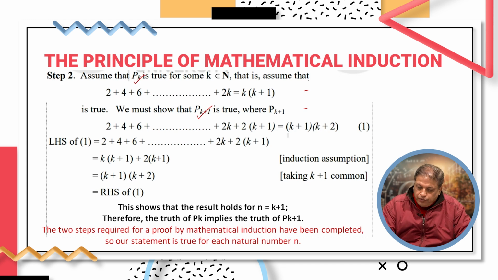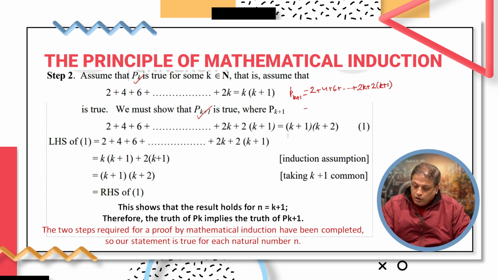So, if we write the expression Pk plus 1, then it will be 2 plus 4 plus 6 up to 2k, and the next term will be equal to 2 into k plus 1. Now, this overall term will turn out to be k plus 1 into k plus 2. Let us see how.